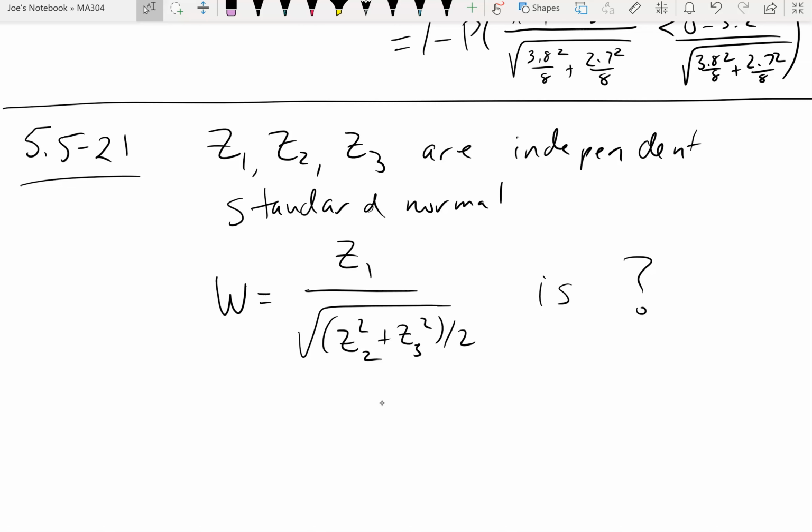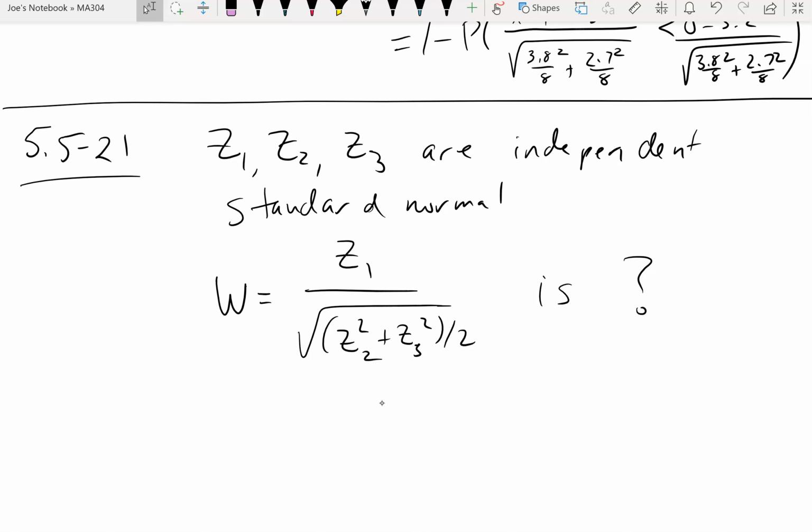All right. So let's figure out what kind of distribution this has. We've got a quotient. Remember, the t and the f distributions were both quotient distributions, right? Quotients are 2 independent random variables. The top, in this case, is standard normal. What's the distribution of Z2 squared? It's chi-squared with how many degrees of freedom? 1. So this one is also chi-squared of 1.